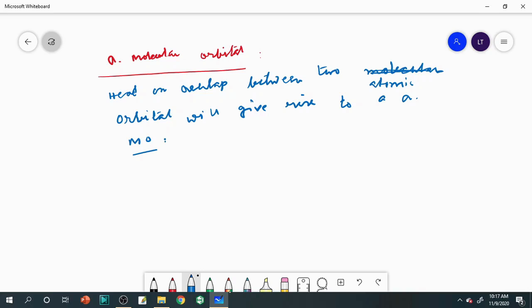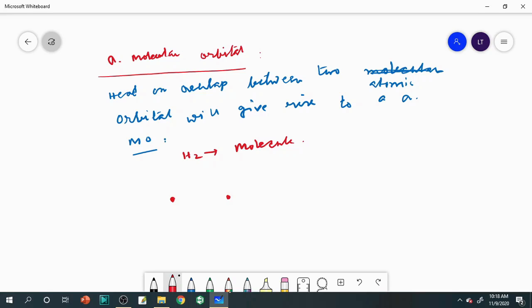Let me clarify this a little bit. Let's consider the hydrogen molecule, H2 molecule. In the H2 molecule, you know, there occur two hydrogen atoms. Say here the nucleus of one hydrogen atom, here the nucleus of another hydrogen atom.